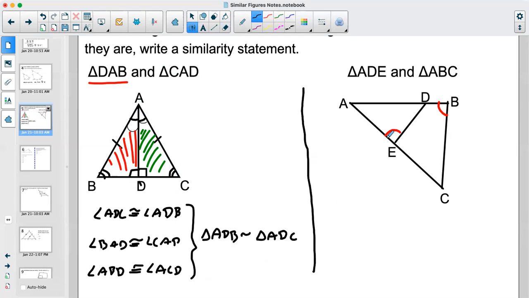This one's a little trickier because I'm looking at this small one in here and the whole thing. Are those the same? Well, let's see, angle AED and angle ABC are the same because they're marked.